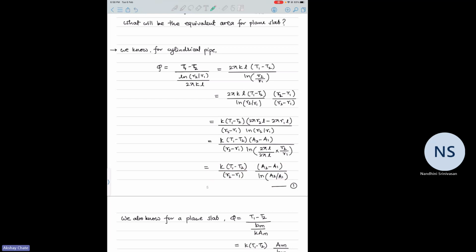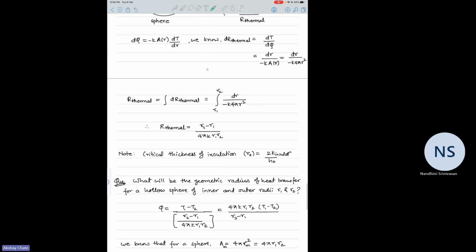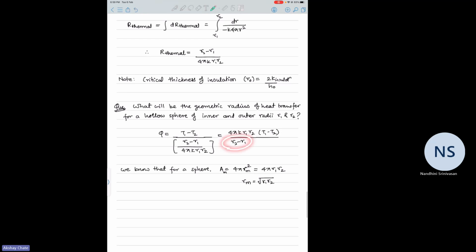The area term will have the unit of meter square and the length scale will have the unit of meter, so you have to go by that logic. The denominator R2 minus R1 represents a length scale and the top 4 pi R1 R2 represents the area scale. Therefore, when you want to compare it to the area term, you need to take only the numerator, not the denominator. And this is your answer.